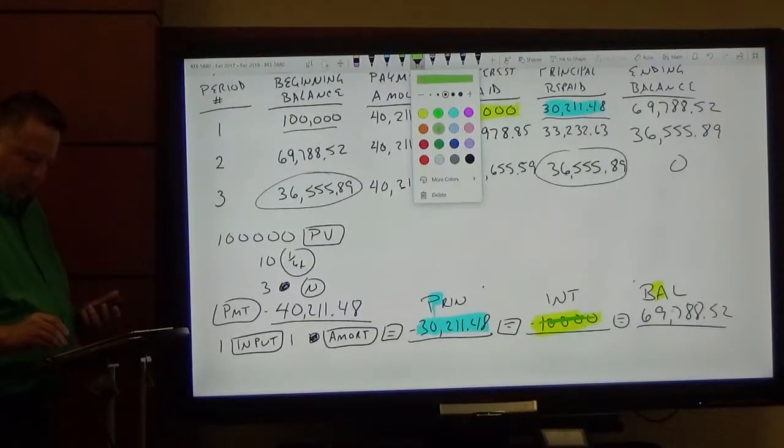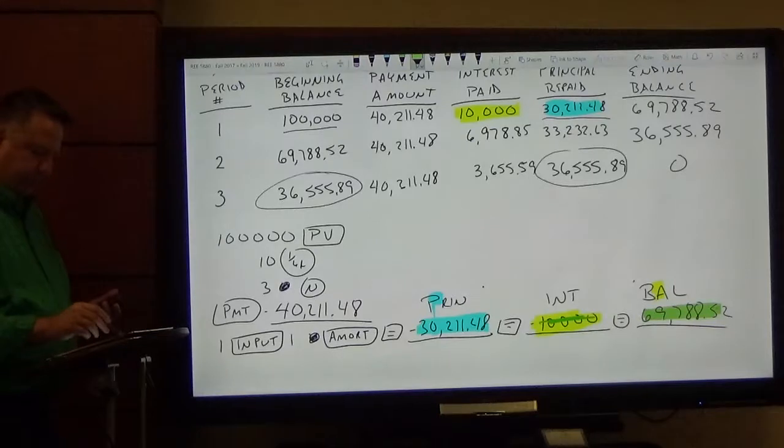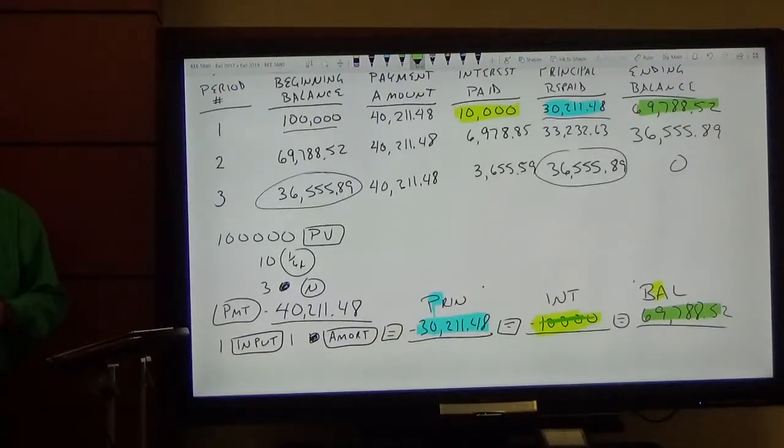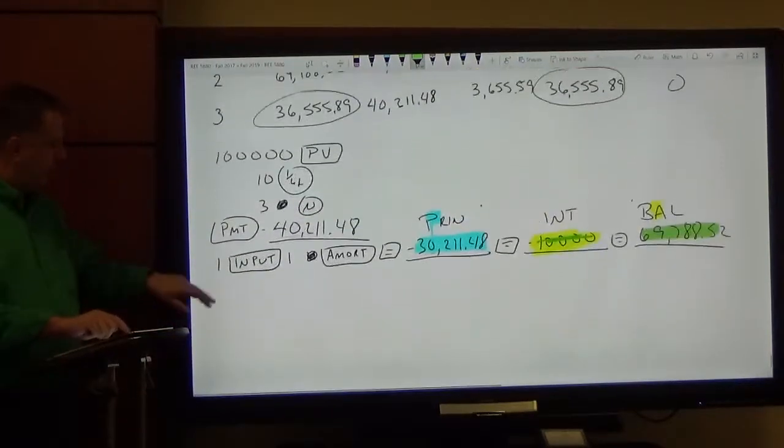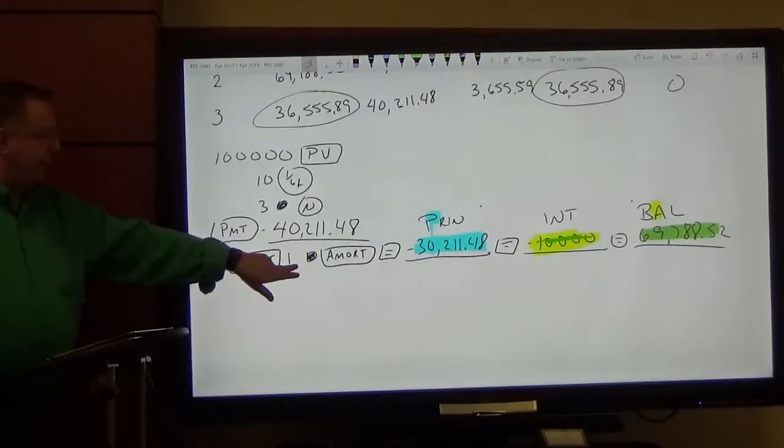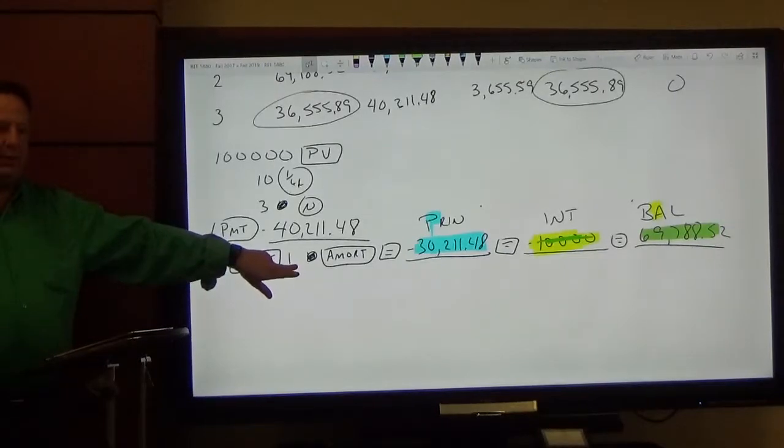All right, everybody good with that? Yes or no? So all we have done with this amortization function is we're just telling the calculator we want period number 1 through period number 1. That's all this is really telling the calculator.